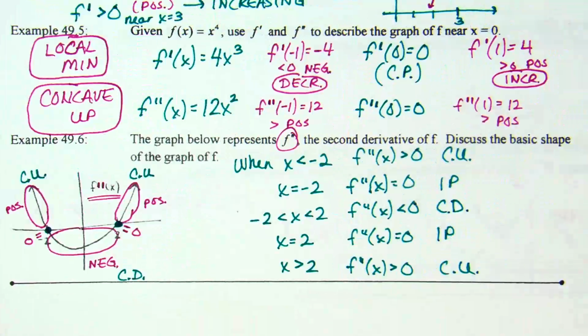Any thoughts of what this graph will look like? It's concave up, there's an inflection point, it's concave down, inflection point, and then concave up again.